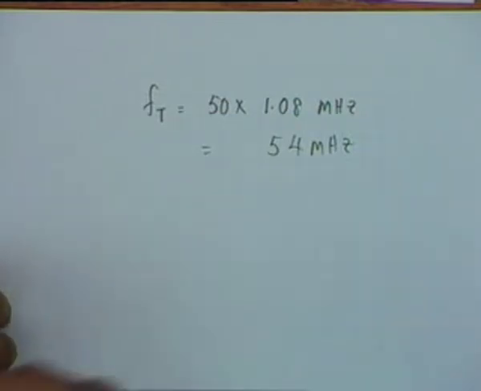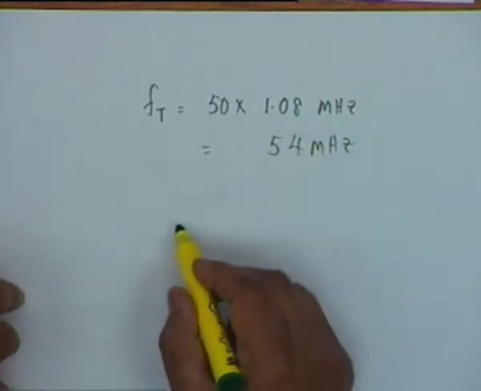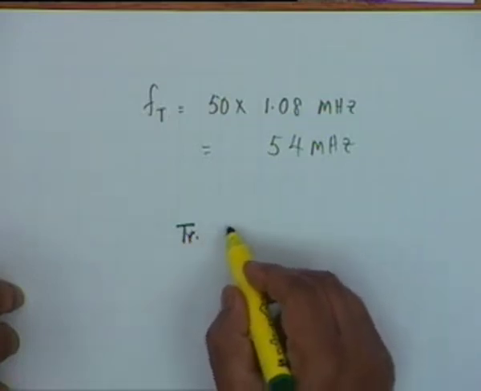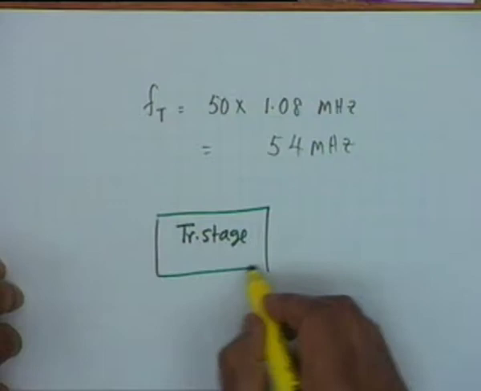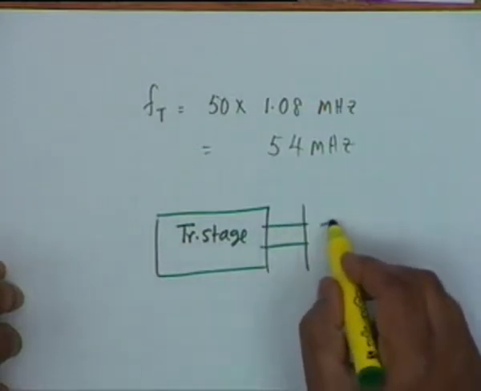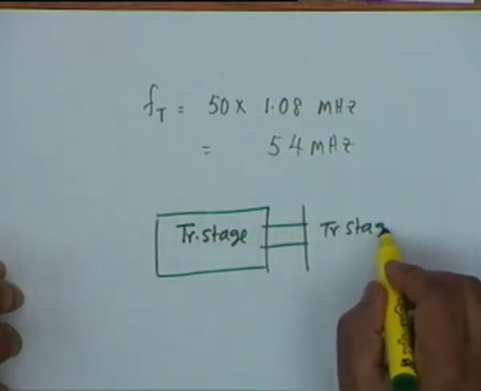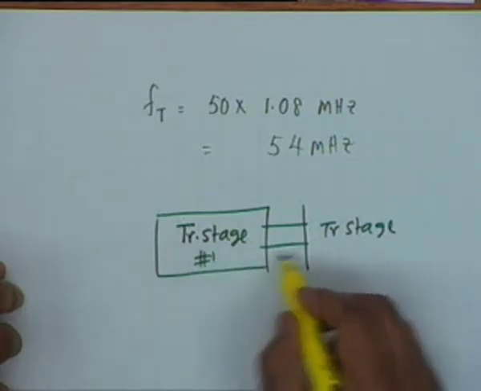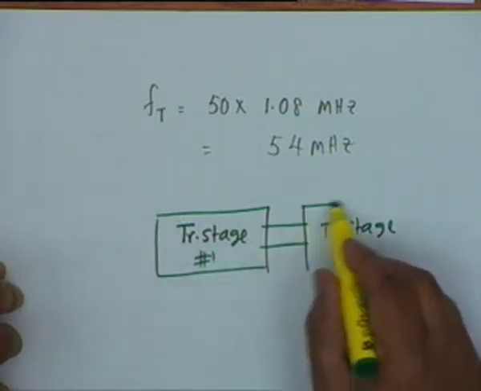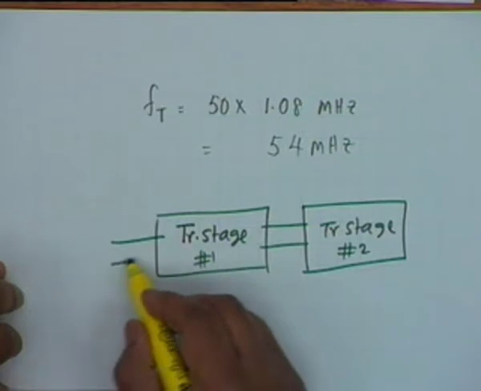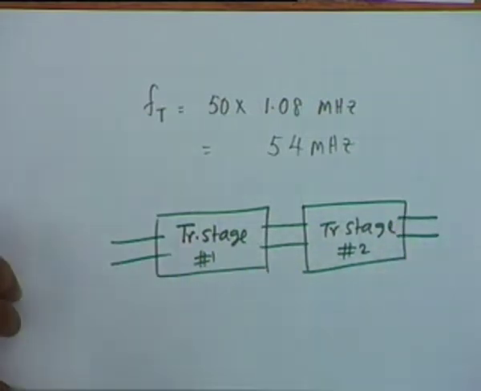We next consider what happens when one amplifier stage is cascaded to another. If the amplification provided by transistor stage 1 is not enough, then you cascade transistor stage 2.